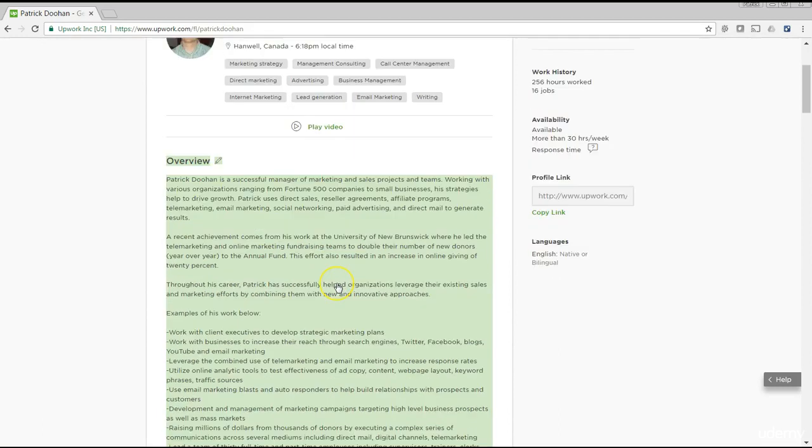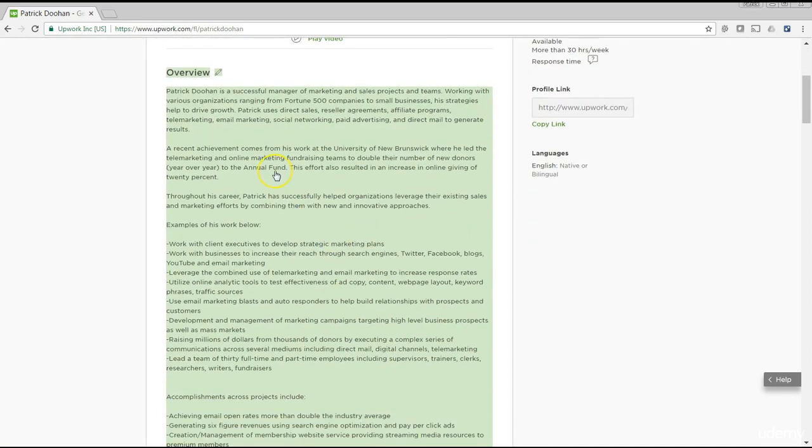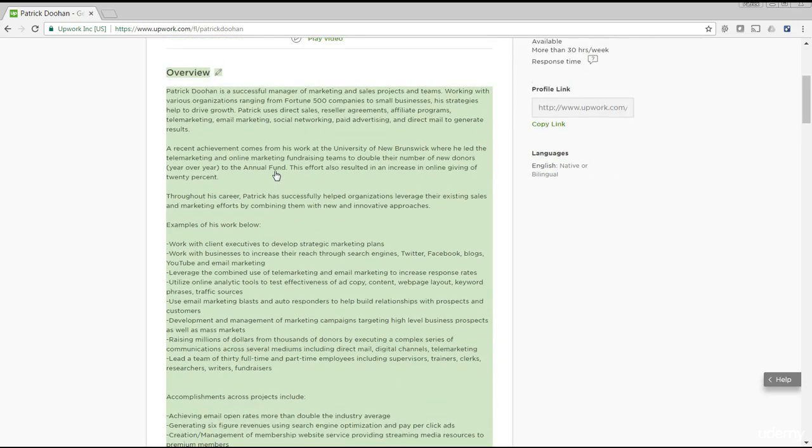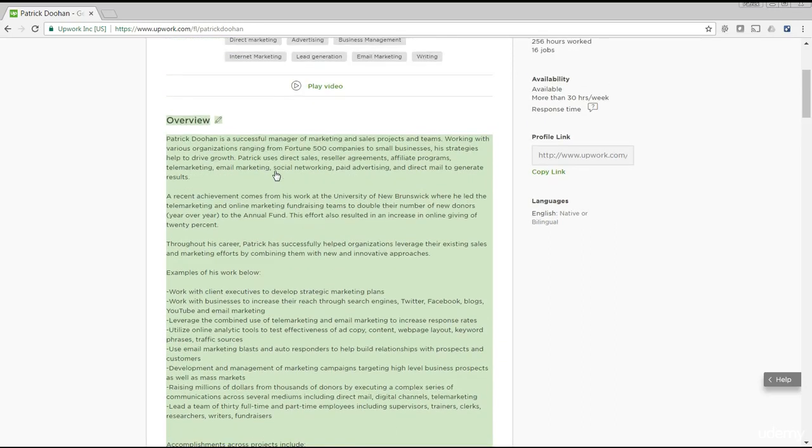Overview. So an overview here is very much, you can almost think of it as a cover letter to a resume. So I would recommend writing out who you are. And for me, I said, I'm a successful manager of marketing and sales, projects and teams. So you want to keep it broad enough that you're not losing opportunities because you're being too specific, but you also want to have some very specific examples of what it is that you do.